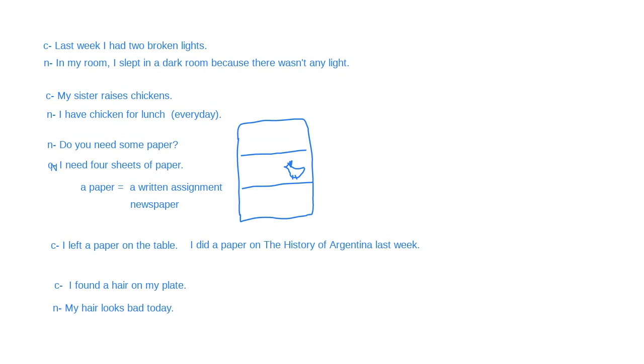All of your hair on your head is considered a group. It's a non-count noun. So no plural form. But if one hair comes out and gets on your plate, then you would say, I found a hair. Okay, so I think you guys get the general idea about this.